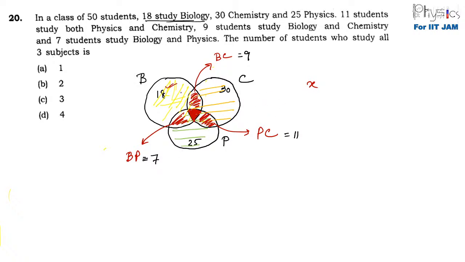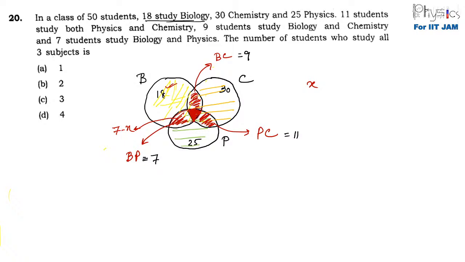Now if BPC is X, then only BP is 7 minus X. So what was BP?